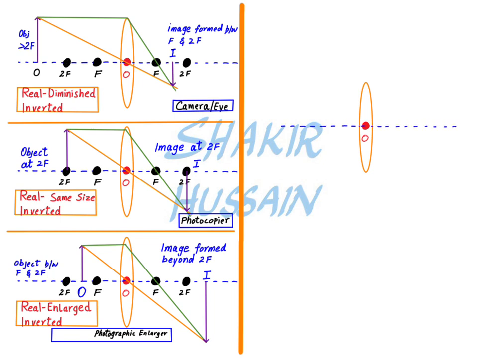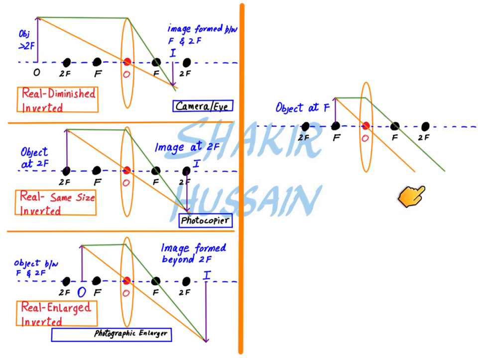Alright. This is the second last case. Now I bring the object even closer. I keep the object at F, sorry. I obey the same rule. One ray passes straight through the optical center and goes undeviated. The second ray comes parallel to the principal axis and then passes through the focal point. What do you see?